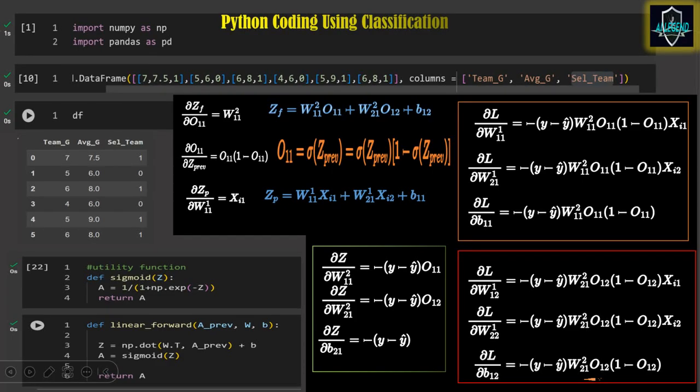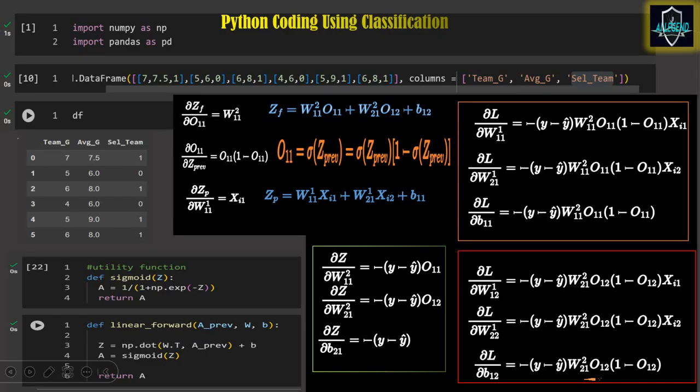If we take the partial derivative with respect to W111, we will find only XI1. So the second partial derivative equation is del L over del W111 is equal to minus (y minus y hat) W211 O11 (1 minus O11) XI1.